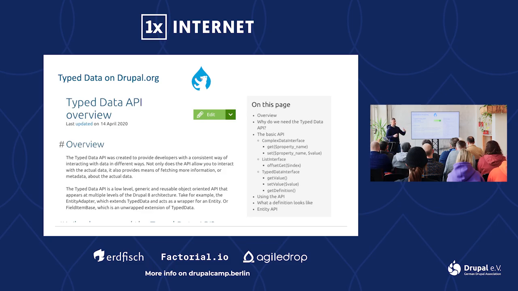And now you may ask me, where should I go besides joining this presentation to know more about this API? Of course, you can go to Drupal.org, where you will find a modest description, a very modest description, with some basics and a stream of class names, interface names, and so on. That's completely fine, I guess. But at least for me, it was not so informative, and everything was blurred for me after reading this.